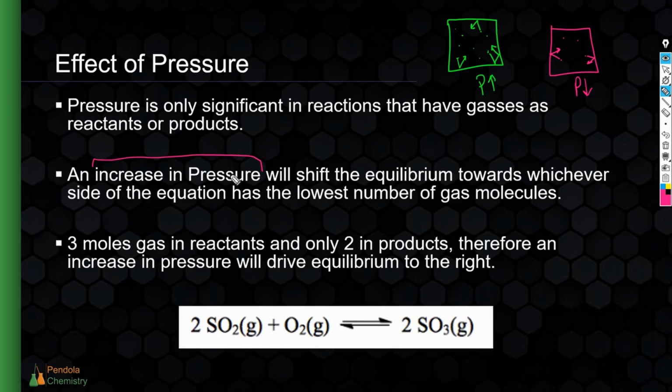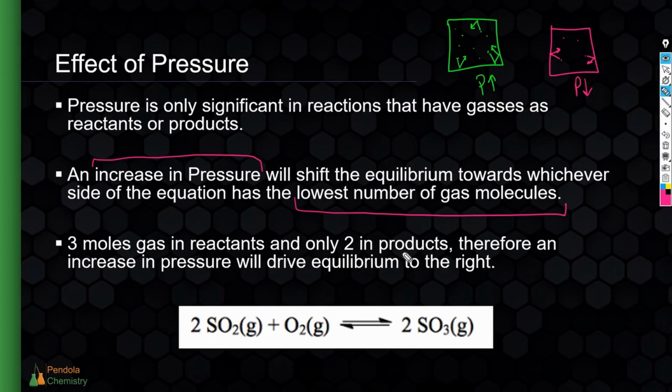We're going to counteract an increase in pressure by lowering the number of gas particles. So whenever pressure is increased, we're going to shift to the side with the lowest number of gas molecules. Why? Because that will lower the pressure that we just increased.